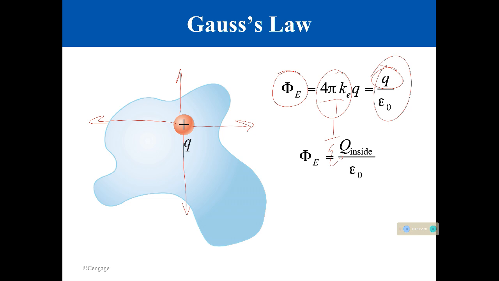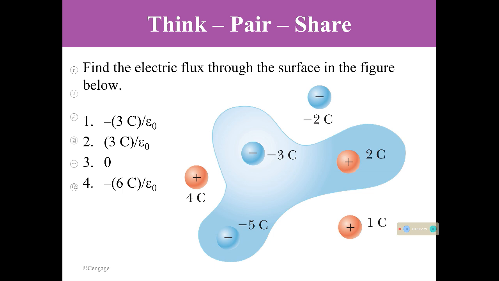So, this is that equation. They just changed Q to be the Q inside that Gaussian surface. Find the electric flux through the surface in the figure. I don't even have to worry about doing the math. I can literally look at this. -3 would make lines go which way? Inward. It's -5 more lines would go inward. And this one right over here, lines would go out.